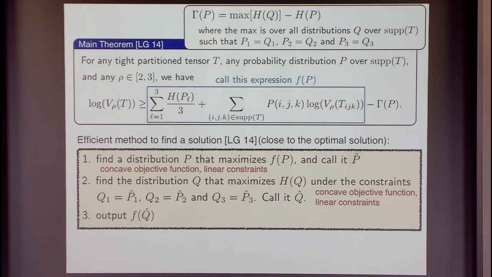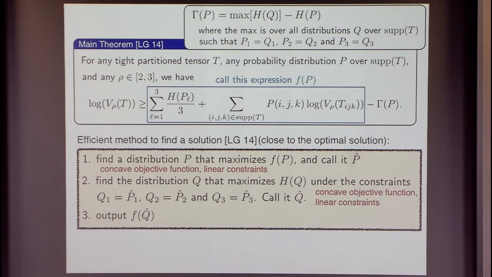Okay, we want to maximize the entropy of Q, of the distribution, and the condition is that the marginal distribution of Q should be equal to the marginal distribution of the distribution we have found at the previous step. Yes, I'm saying, isn't the maximizing Q just a product of the marginals? The coordinates aren't independent.